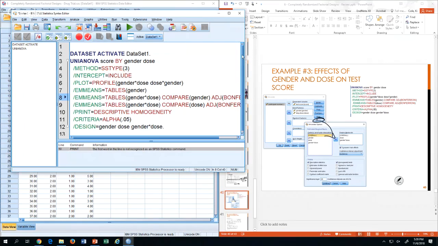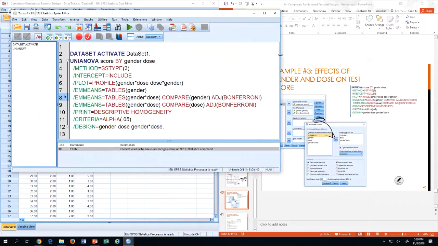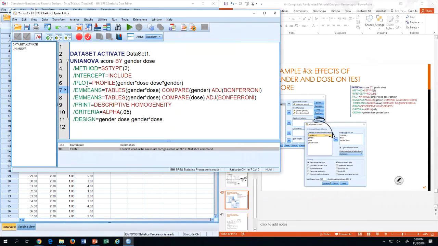Oh, there we go. So you really want that line that says EM means with the interaction. But next to that, you need the compare and the Bonferroni. And then next to compare, we want to compare specifically on gender and then specifically on dose.